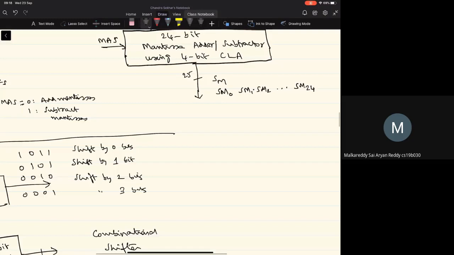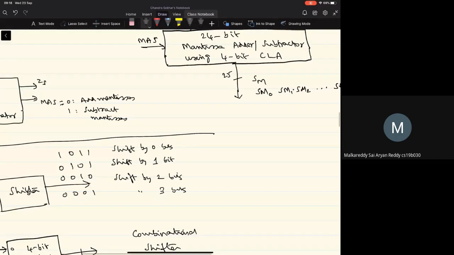And that requires the detection of where the first one is present in the bits, and accordingly we need to shift the binary point, and we also have to get the shifted bit sequence that will correspond to the mantissa of the result. Okay, so now let's see how to design this part.